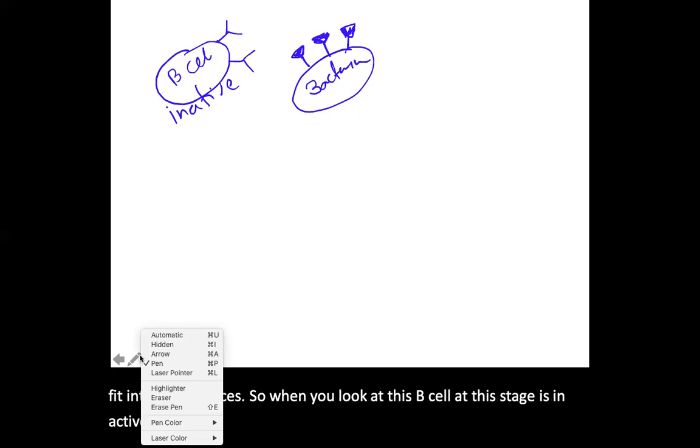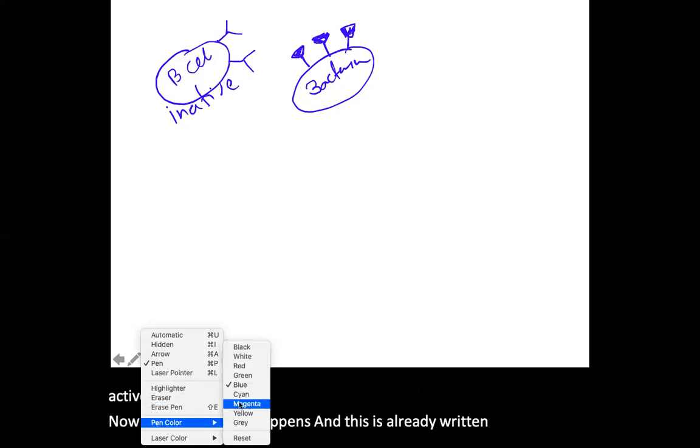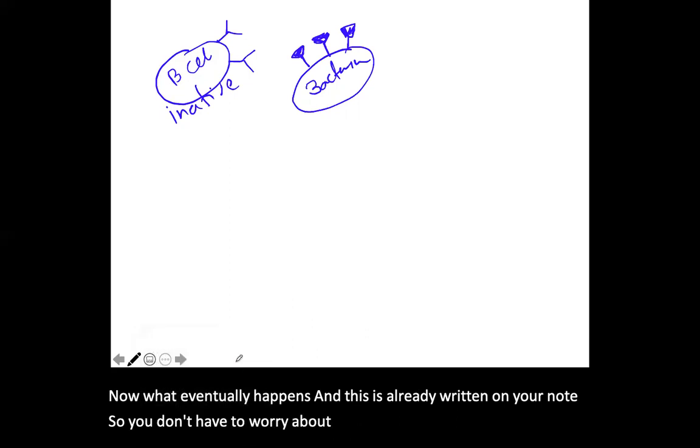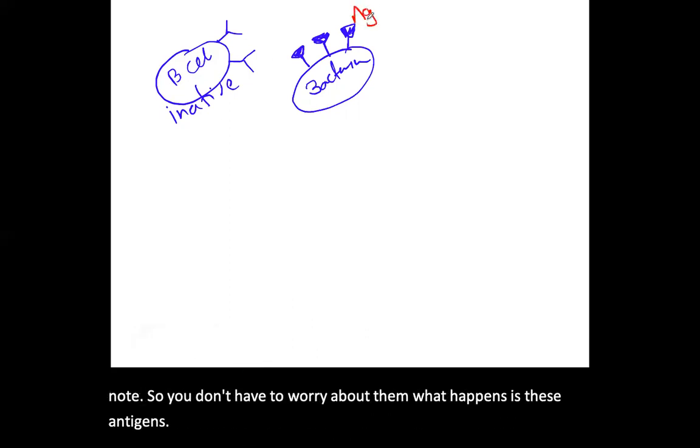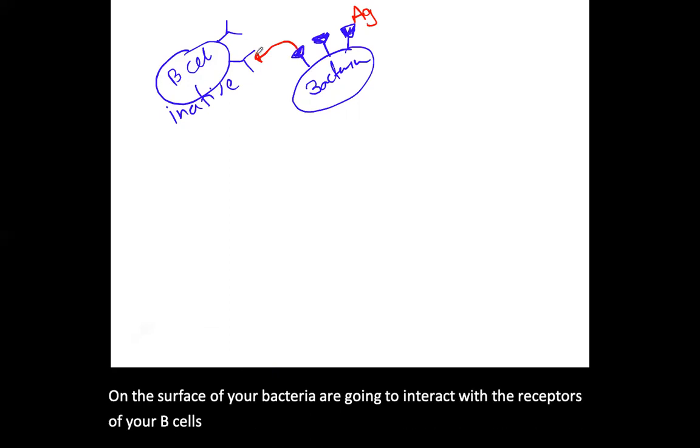Now, what eventually happens, and this is already written on your notes, so you don't have to worry about them, is these antigens on the surface of your bacteria are going to interact with the receptors of your B cells. So they're going to fit into those.